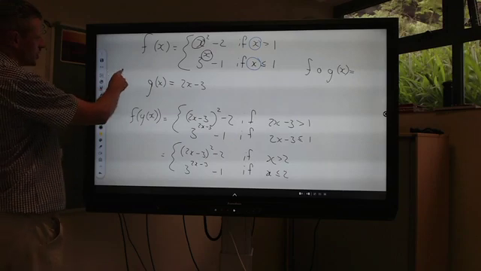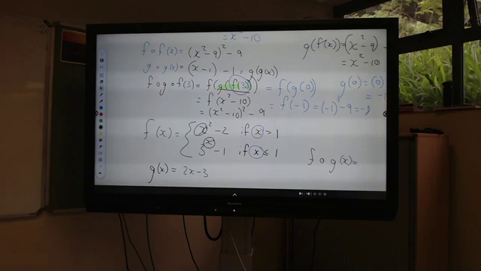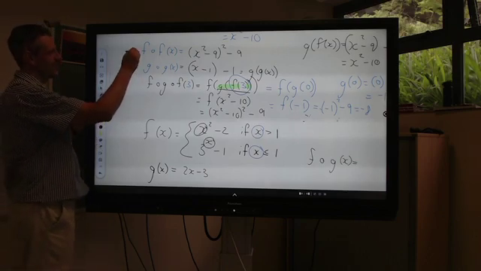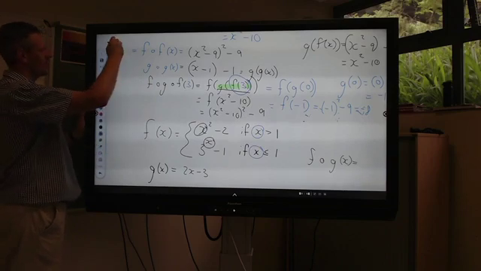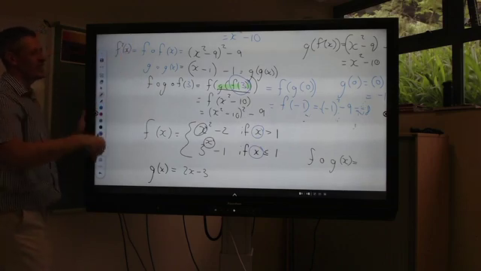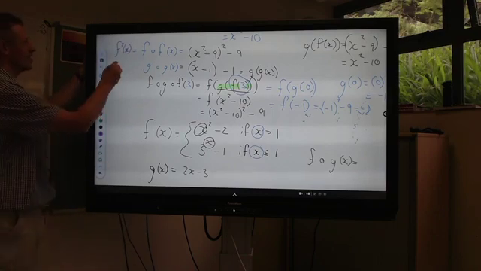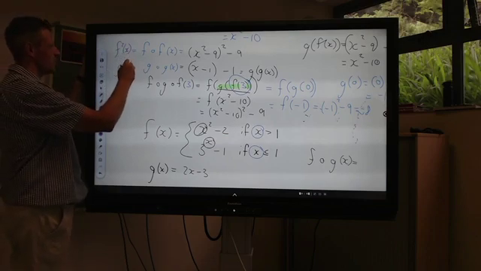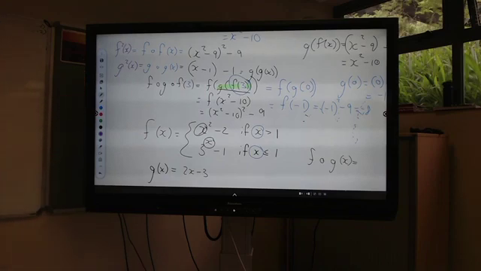An interesting little tidbit, completely useless information that I didn't even know until about 2 years ago, is that in maths, that is actually, ladies and gentlemen, f squared of x. This is g squared of x. That is the acceptable notation.